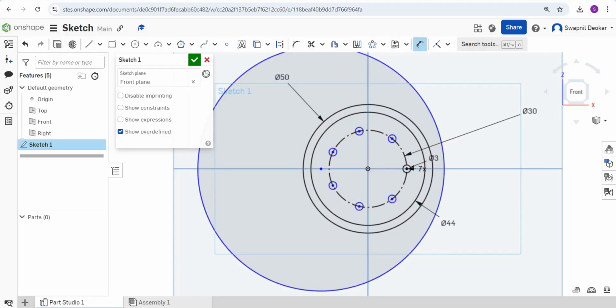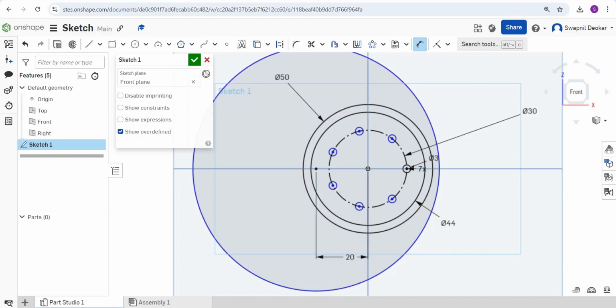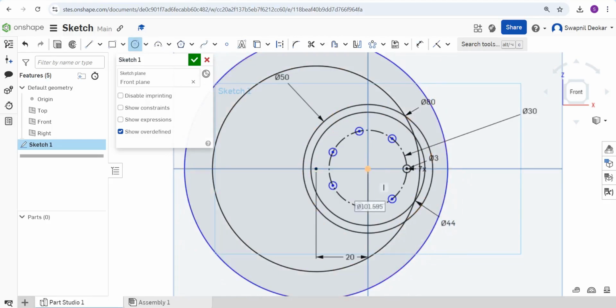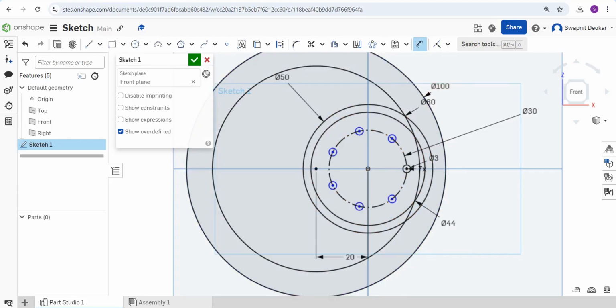Distance of this center from this line is 20 and its dimension is 80, and another circle, its dimension is 100.